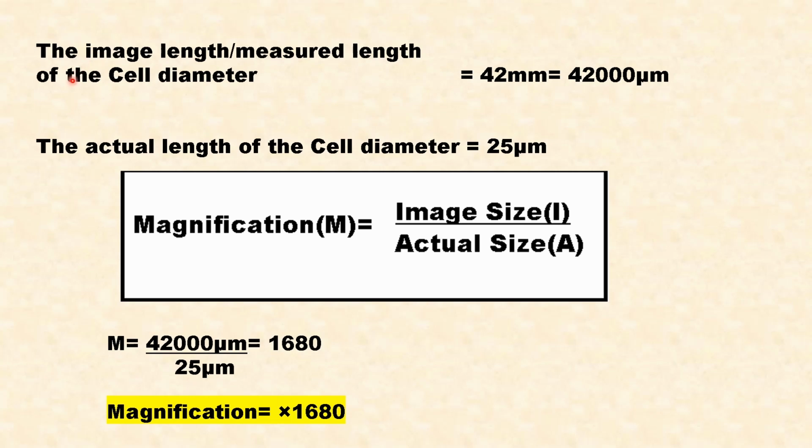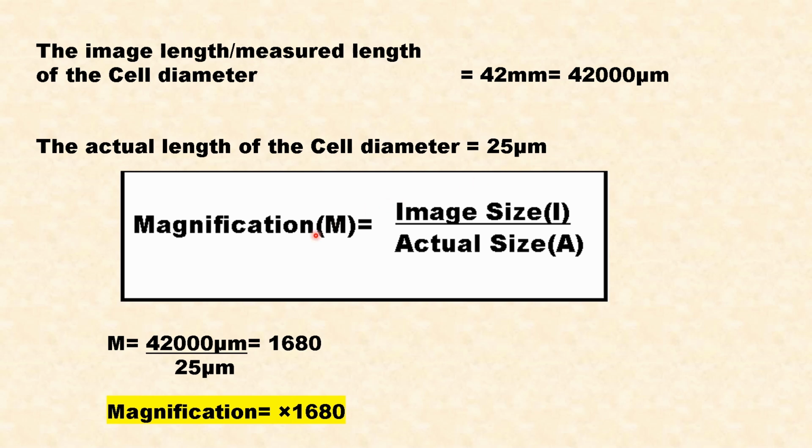Next, we need to do the conversion as usual. Since 1 millimeter equals 1000 micrometers, 42 millimeters equal 42,000 micrometers. The cell's actual diameter is already provided and it's 25 micrometers.